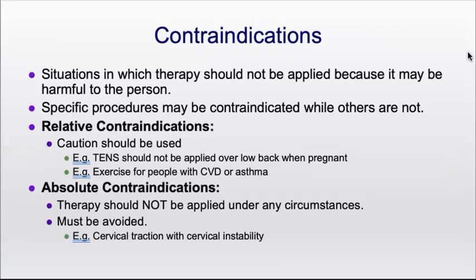Okay, you should never apply cervical traction to their neck, which means grabbing hold of their head and tractioning or decompressing their spine. What can happen? You can cause severe injury because they have no stability between those two segments. So that is absolutely contraindicated. You should not be applying that treatment under any circumstances.